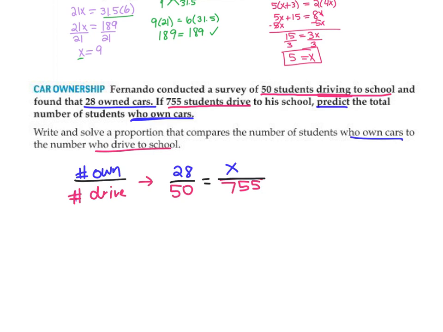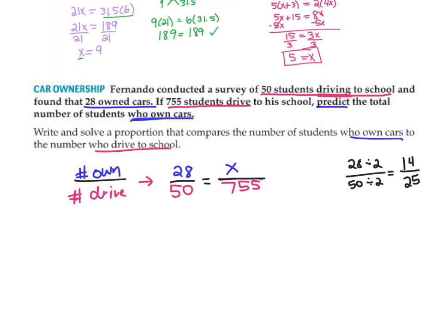Thinking back to earlier in the notes, we want to reduce this ratio if at all possible. This 28 over 50, I can actually reduce by factoring out a 2. I'm going to show you how to do that. If you can do this in your head, that is quite all right. We factor out that 2, which leaves us with 14 over 25.